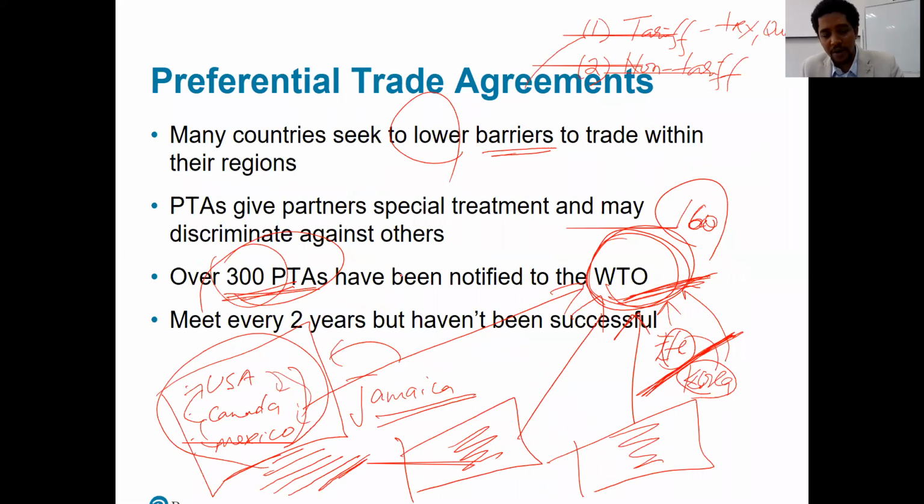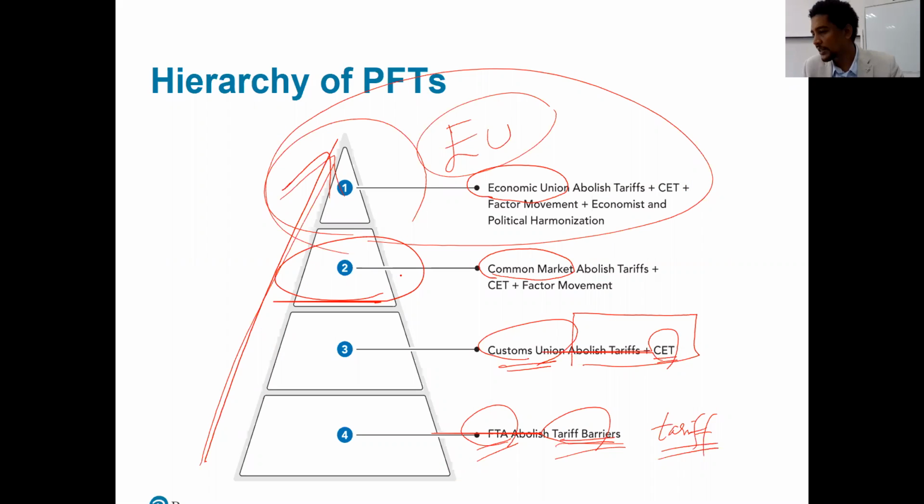And the other thing I want you to understand is the hierarchy of preferential free trade agreements. At the bottom of the hierarchy, there is a free trade agreement which abolishes only tariffs. When you go one step further, there is a customs union that abolishes tariffs and also establishes common external tariffs or barriers.